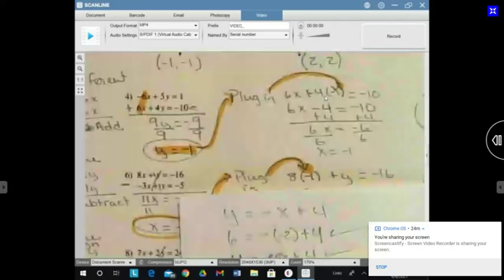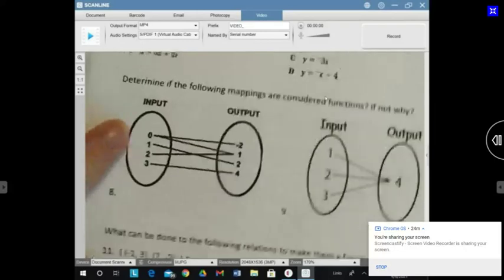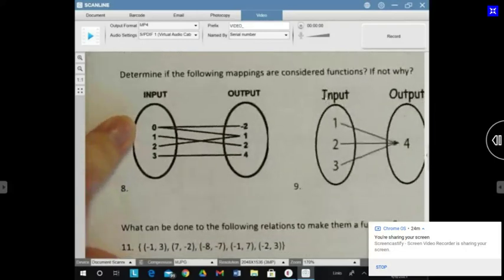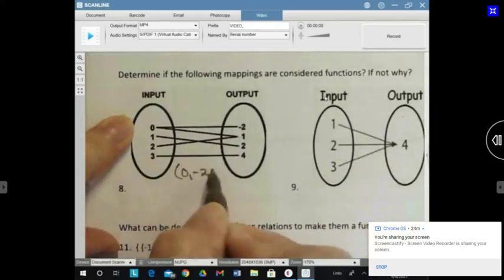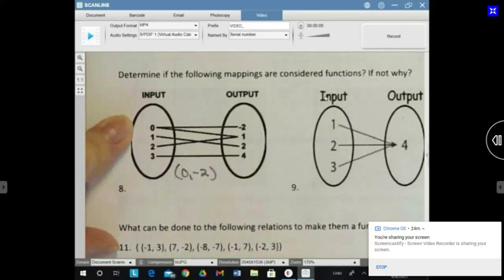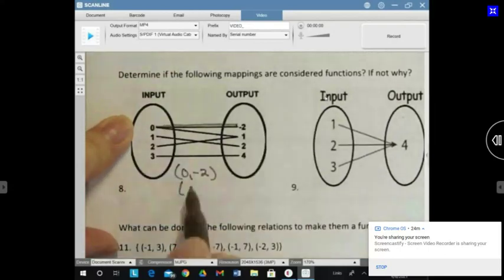All right, my input. What are my coordinates for this mapping, guys? What's the first coordinate? Negative 2. From the 0 to the negative 2. Then I have 0, 1.